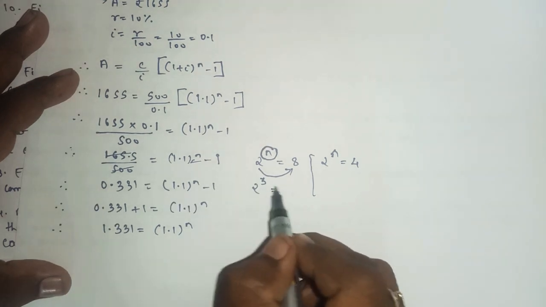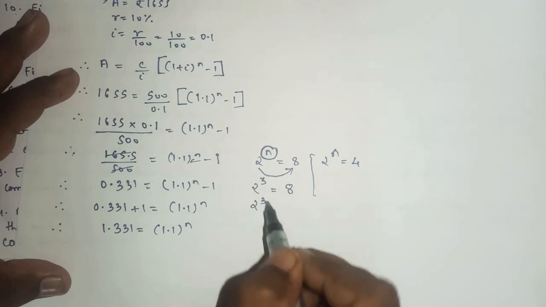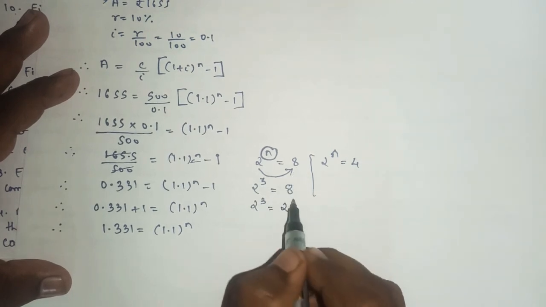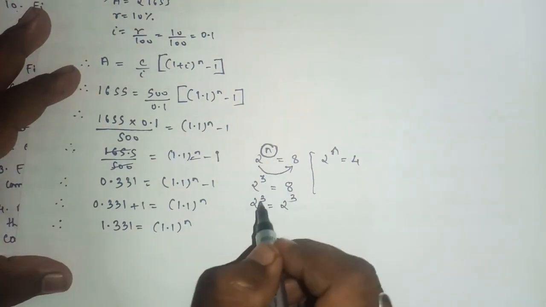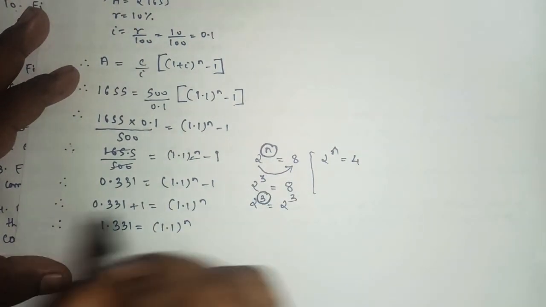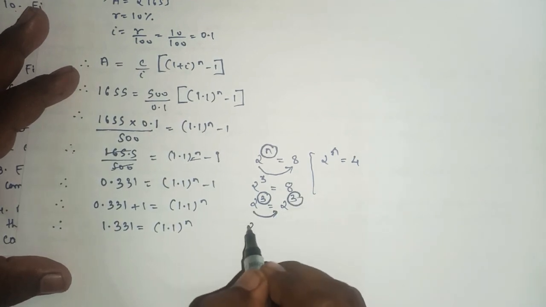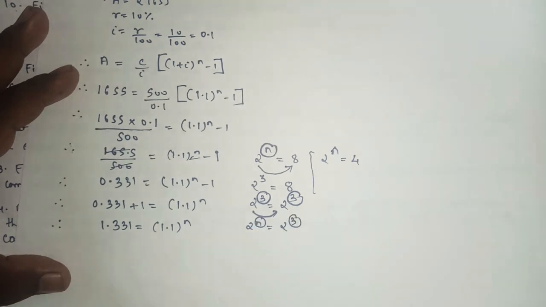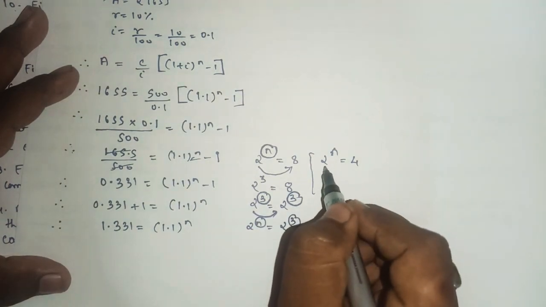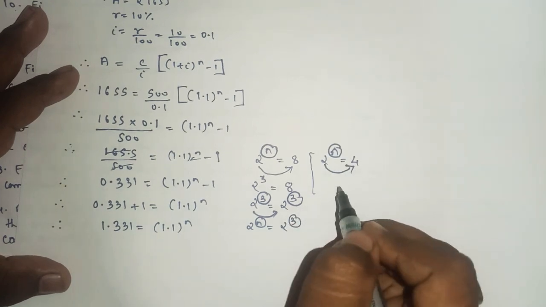Then only 2 cube will be 8. Or else, can I write this 8 as 2 cube? Yes or no? So clearly we can see what is there in place of n. Comparing this 2 raised to n with 2 cube, n will be 3.